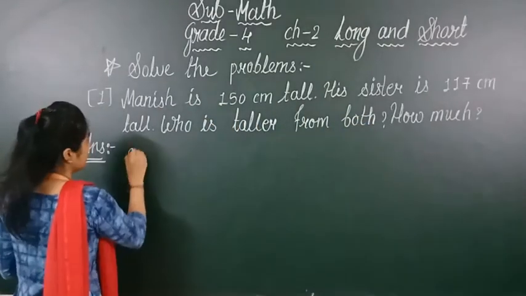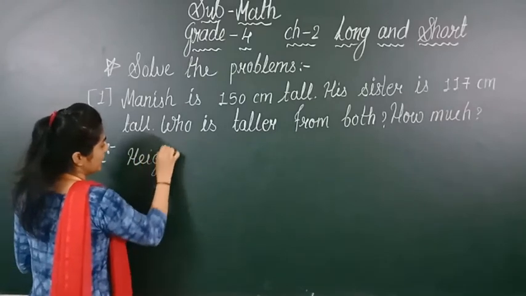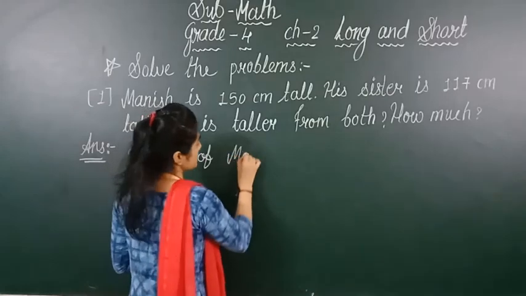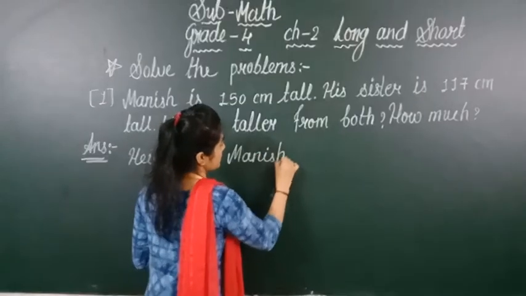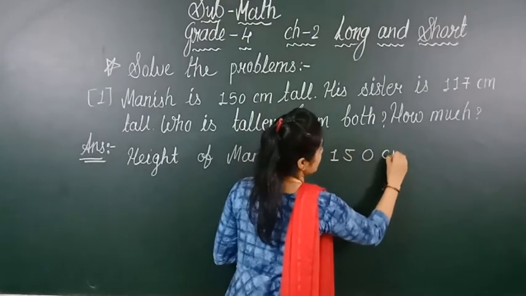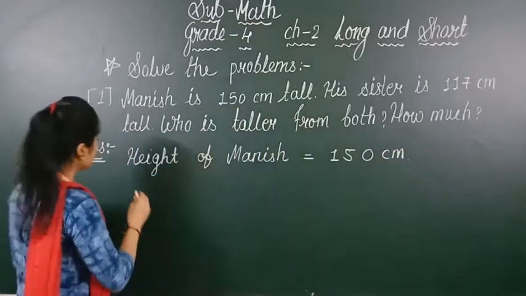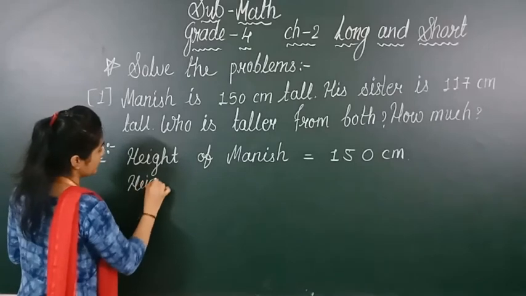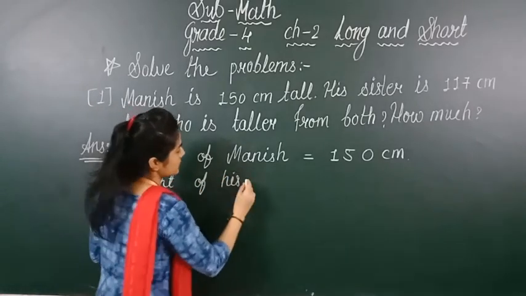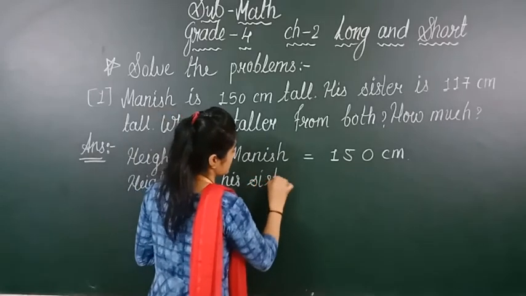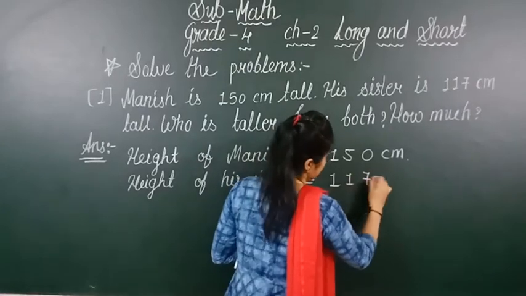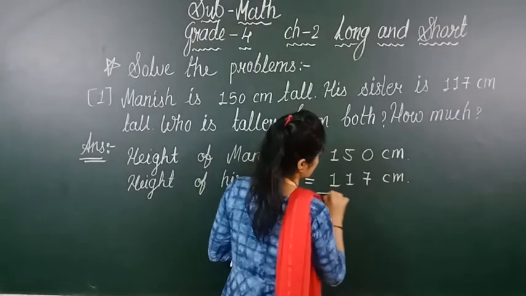So first we are writing height of Manish, which is 150 centimeter, and then we have to write height of his sister, which is 117 centimeter.